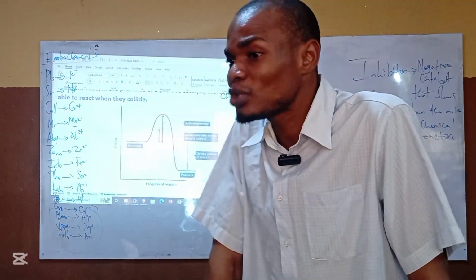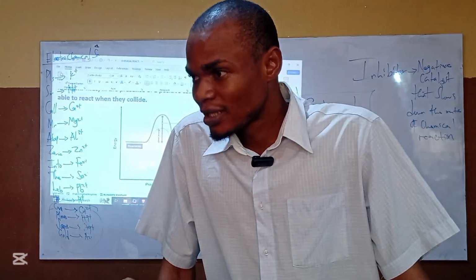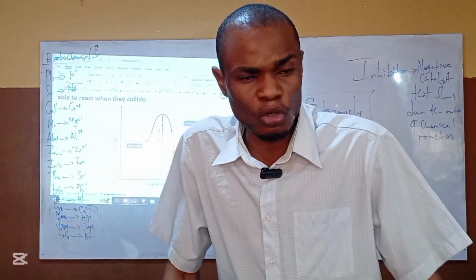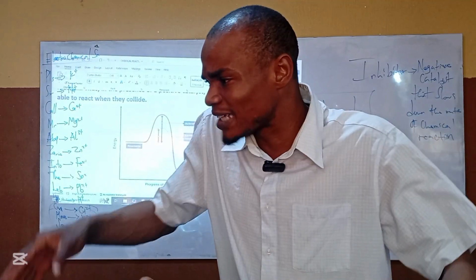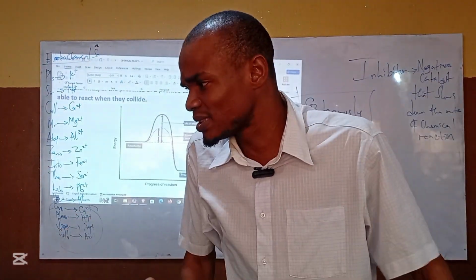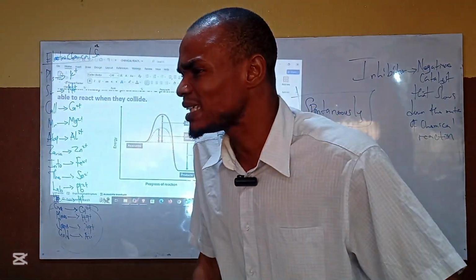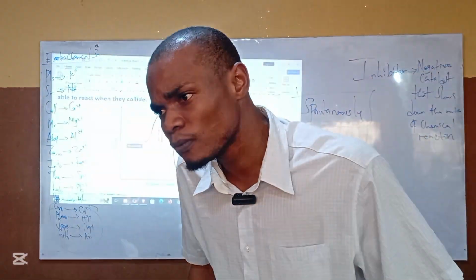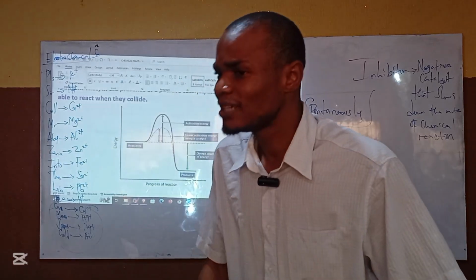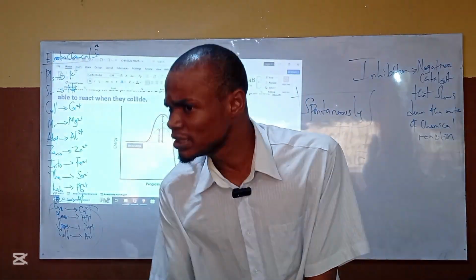When you pour sodium hydroxide inside water, that bottle will be hot. And that bottle was not hot before. Why is that bottle hot? The sodium hydroxide and the water release heat to the surrounding. That kind of reaction is it exo or endo? It's exothermic reaction. Why is that? Because they have a low activation energy.